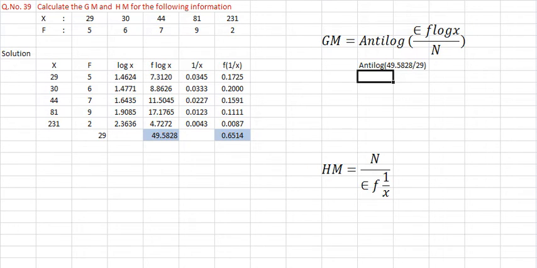Then you simplify the next step equal to nt log. So simplify now. 49.5828 divided by 29. So the answer comes to this number. It comes like this. For this, what you have to do? You have to find the nt log.